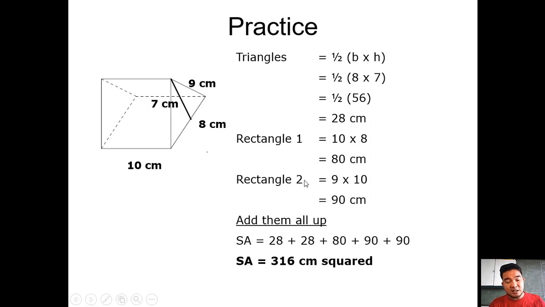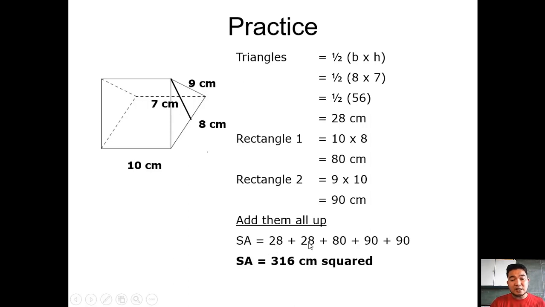Then rectangle 2. Those are the two on the side. Okay, so we will have 9 times 10, the two congruent rectangles, 9 times 10. Then you will have to sum up the areas of all these plane figures to get the surface area of this triangular prism.